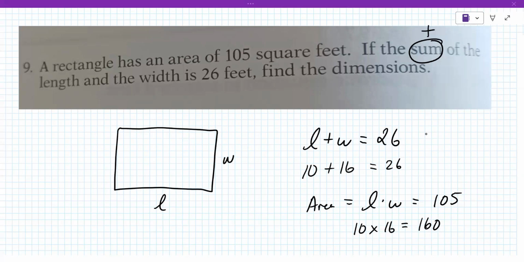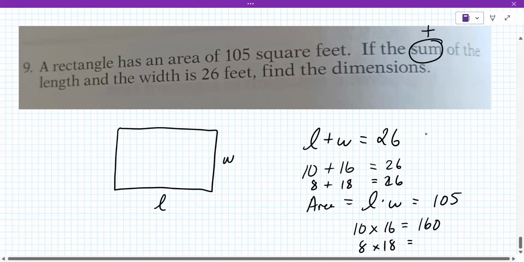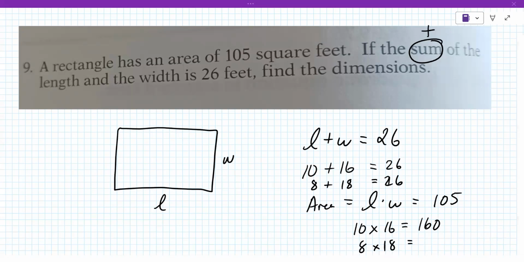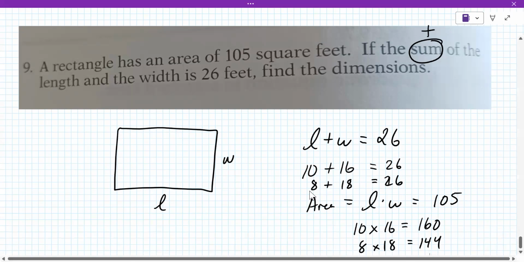Okay, so 8 plus 18 is 26. And what's 8 times 18? 144. Too big. So we need something smaller than 8.